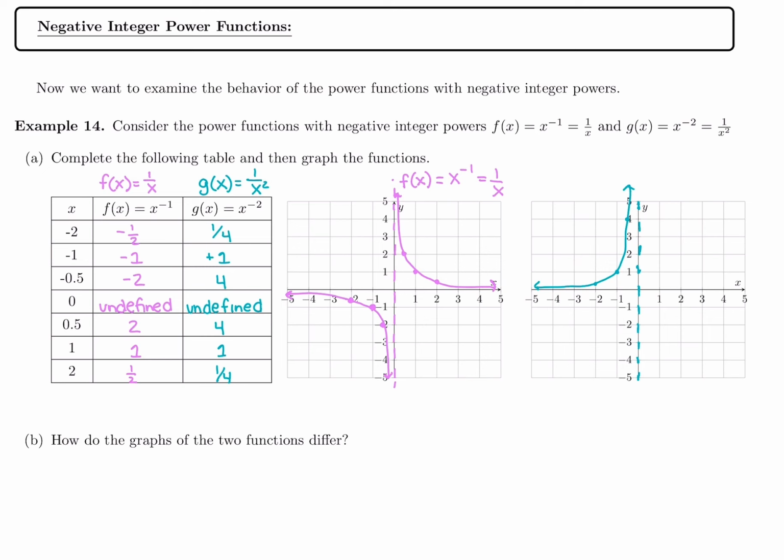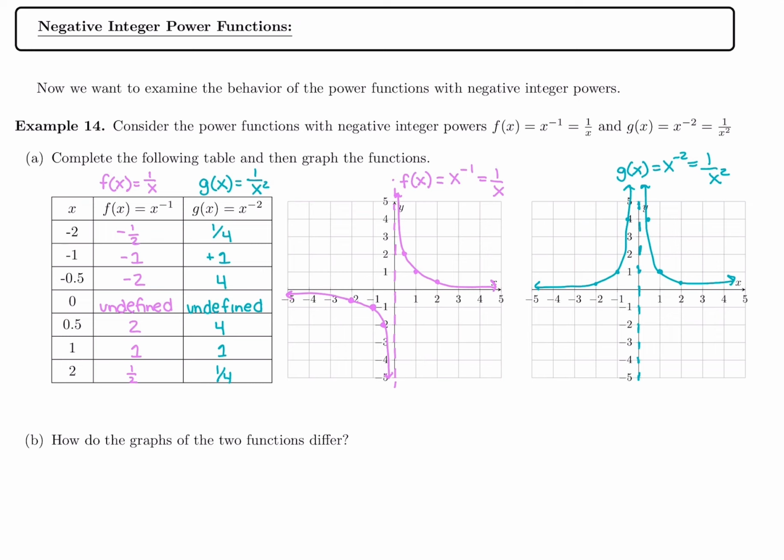On the right side, 0.5 went to 4 as well. 1 went with 1 as well, and 2 went with that positive 1/4. So there's our left and right side of g of x, which is x to the negative 2, or 1 over x squared. We can see the difference between having an even negative power and an odd negative power.